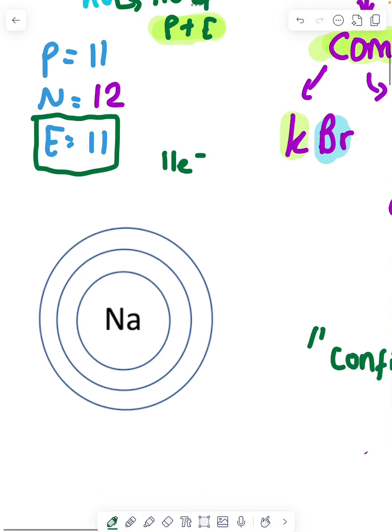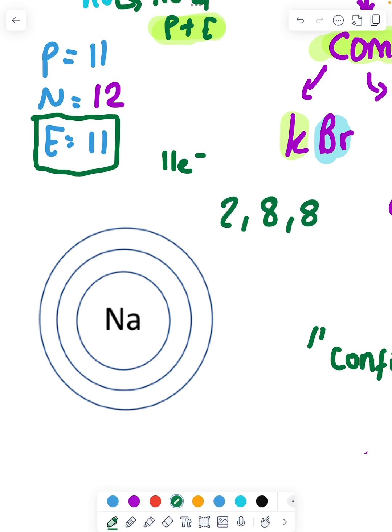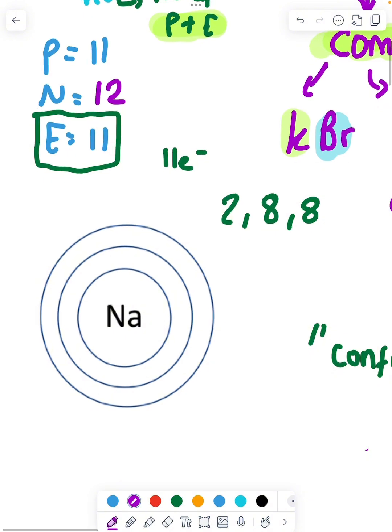And really what we're going to look to do is fill these electrons on these shells, on these circles, in this order of 2, 8, 8. And we're going to do this until we run out of electrons, right? So let me show you what I mean by that. On the first shell, we know it can only hold a maximum of 2 electrons. And sodium only has 11. So if we used up 2, we know we've got 9 left.